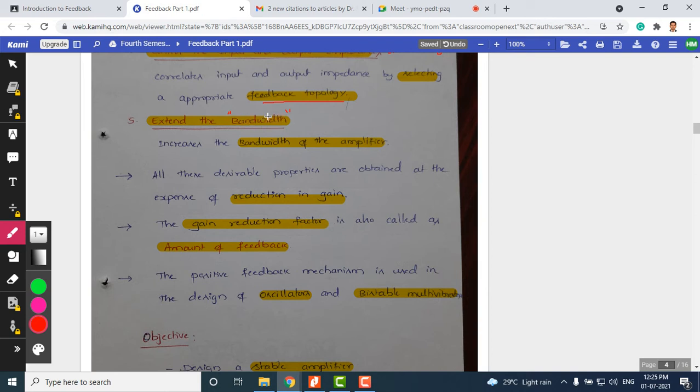We have seen this in the common source amplifier, between the frequencies FL and FH. FH indicates the higher cutoff frequency, FL is the lower cutoff frequency. The difference between FH and FL is the bandwidth.